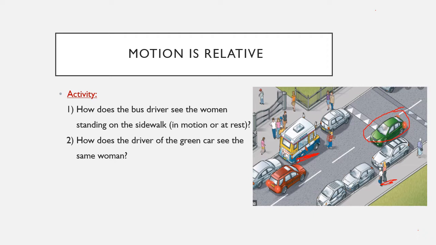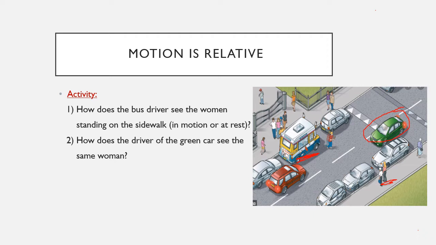In the first case, the distance or the position between the reference and the woman is not changing. For this, the woman is considered to be at rest with respect to this driver. While in the second case, where the reference is the driver of the green car, the distance or the position between the driver of the green car and the woman is changing.